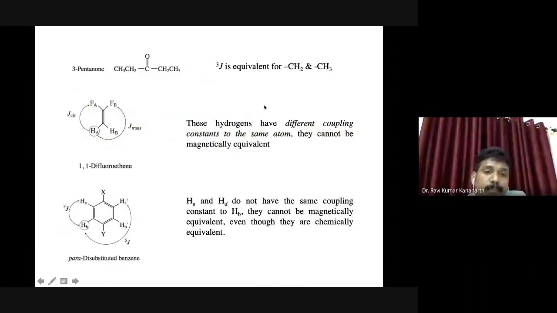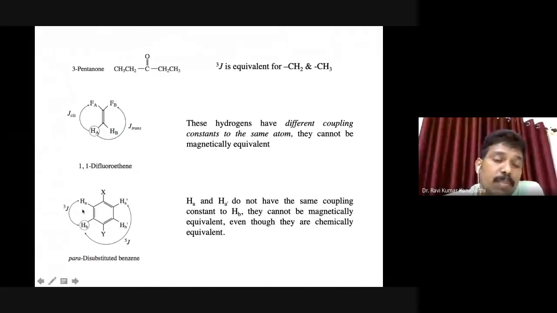Again, in the case of disubstituted benzene with different substitutions at the para positions, we have this one. These two protons, HA and HA dash, are both chemical shift equivalent. They resonate at one place, but they interact differently.